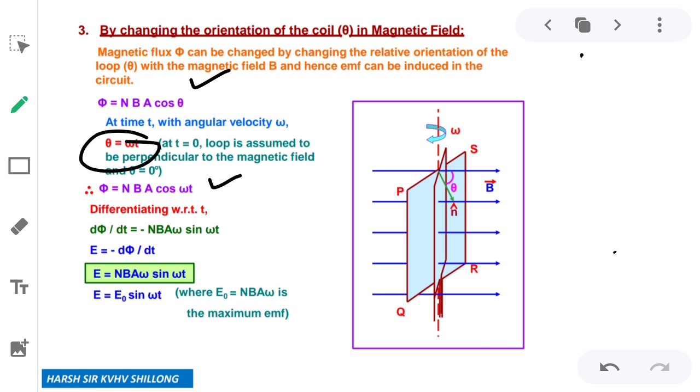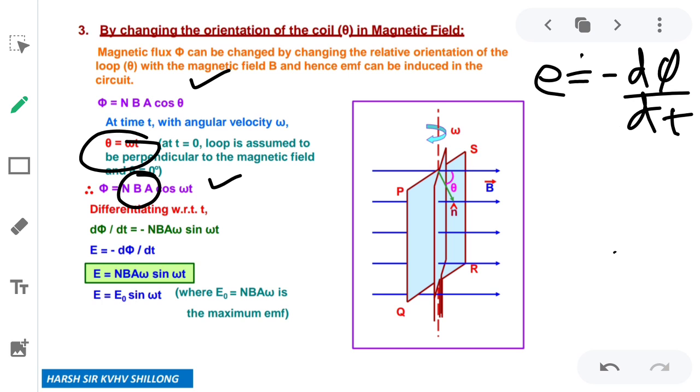Now we replace the value. If I differentiate this, because the EMF as per Faraday's law is minus d phi by dt. Differentiating flux here, NBA is constant, it will remain as it is. Cos differentiation gives a minus sign, and since omega t is inside, omega also becomes a multiple.